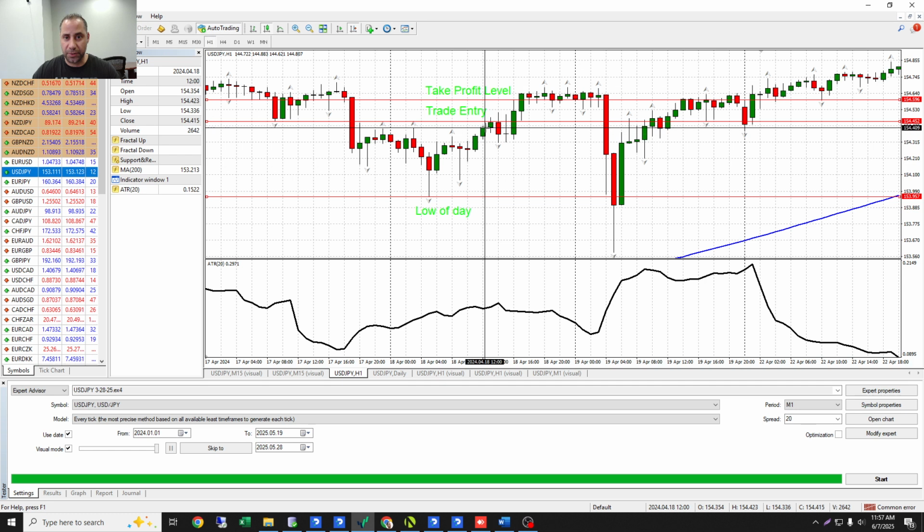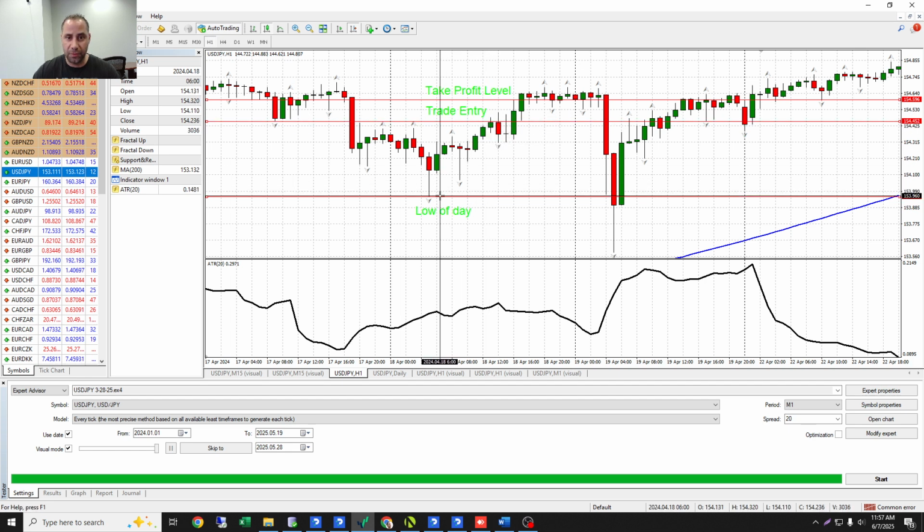Since we're going long here, it will take the entry price and subtract the low of the day. If you look at our data window, the price at this candle, where you can see the horizontal line, is 154.452, and it's going to subtract the low of the day.